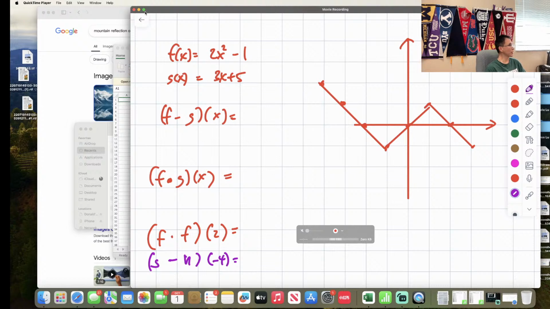So let's start with f minus g of x. Can you figure out what the expression will be? Now, if you have parentheses x, you're going to get some type of expression. If you have parentheses of a number, it's going to be an evaluation. Evaluation is going to give some type of number.